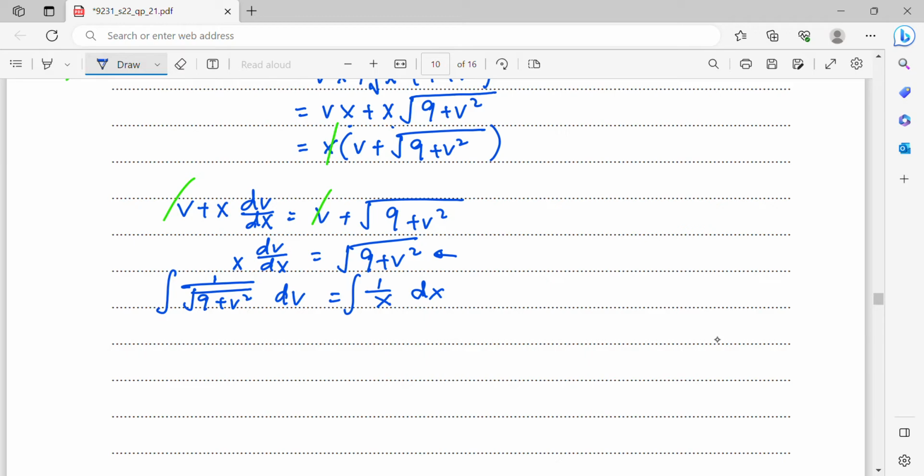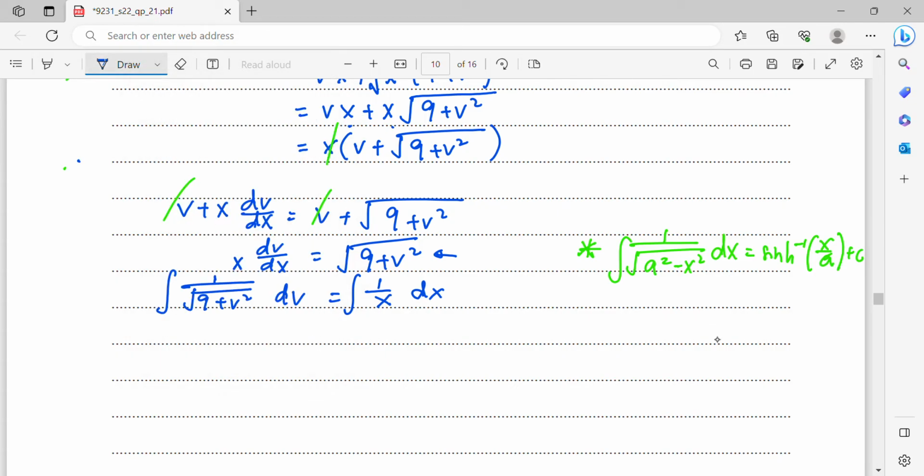Now, for the left hand side, to integrate 1 over square root of 9 plus v squared dv, you need to refer to this formula. Integrate 1 over square root of a squared minus x squared dx. This is inverse sine x over a plus c. So when you compare, the 9 becomes 3 squared.